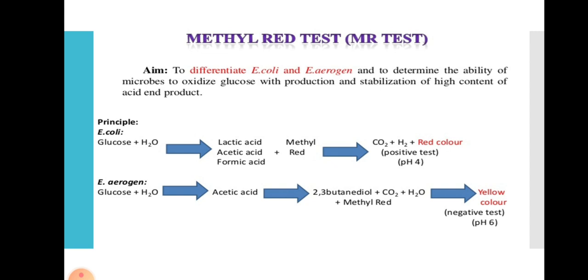The pH indicator value of methyl red is 4.4. In other organisms, methyl red will turn yellow due to the elevation of pH above 6, because of the enzymatic conversion of the organic acids to non-acidic end products such as ethanol and acetoin.